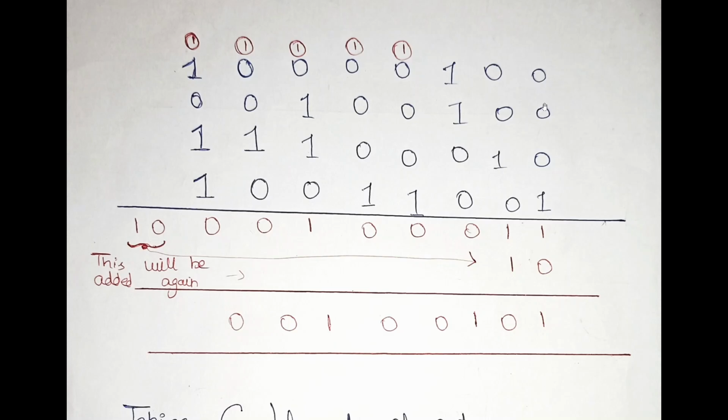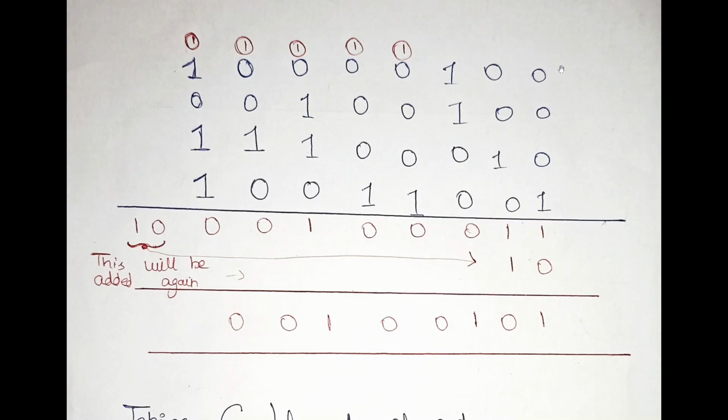And when you do the sum of 3 ones, that is 1 plus 1 plus 1, it comes out to be 11, 1 1.